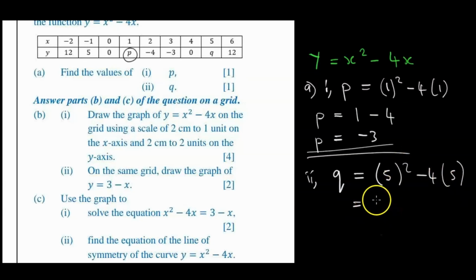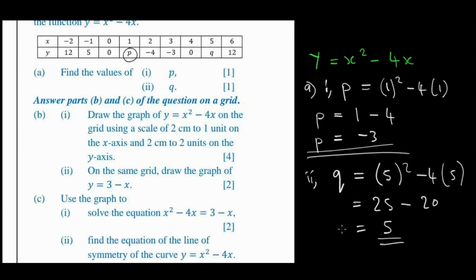What is 5 squared? That is 25, minus 4 times 5 which is 20. So the value of q is going to be 5. So we have answered p is minus 3 and q is equal to 5.